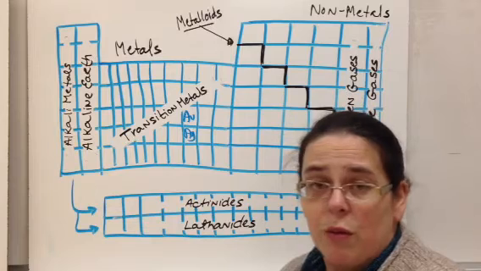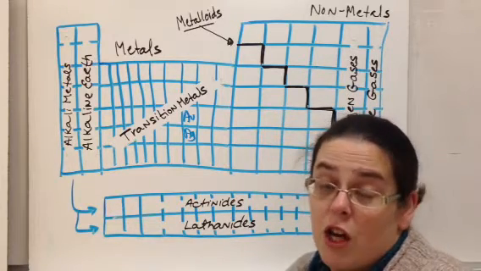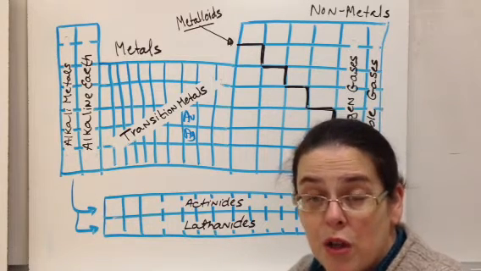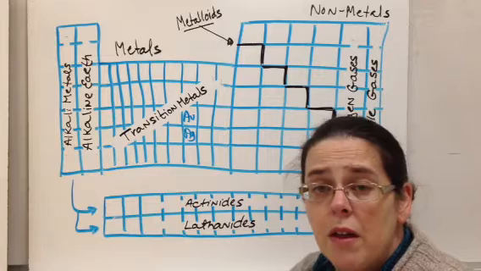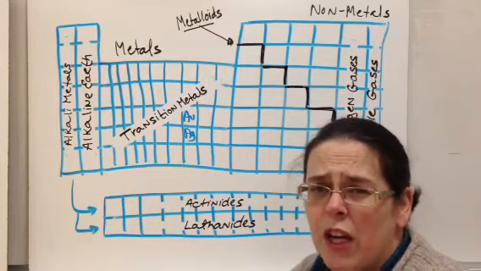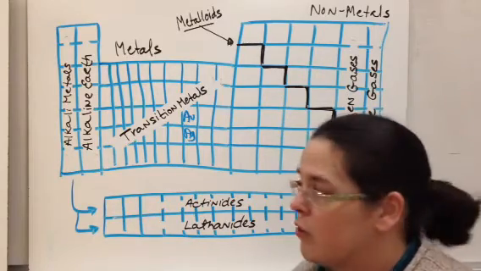They do not react with any other element, and that is because they have a full valence shell. They have the most number of electrons in their outermost shell that they can hold, and it makes them very, very stable. Every element is working towards being a noble gas in terms of having a full number of electrons.